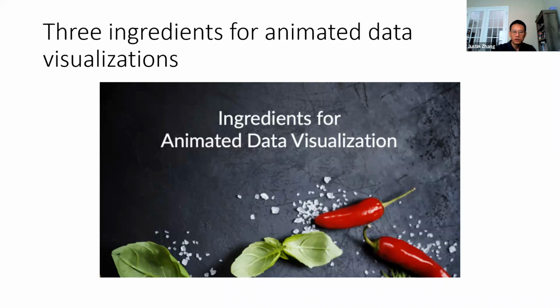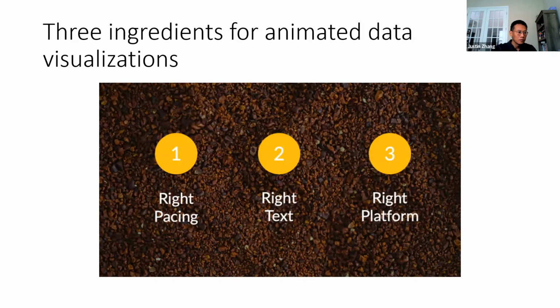These are elements for us to think about how to utilize those components to develop an effective data visualization with animation, to capture and engage the audience's attention. So these are the three ingredients: right pacing, right text, and the right platform.